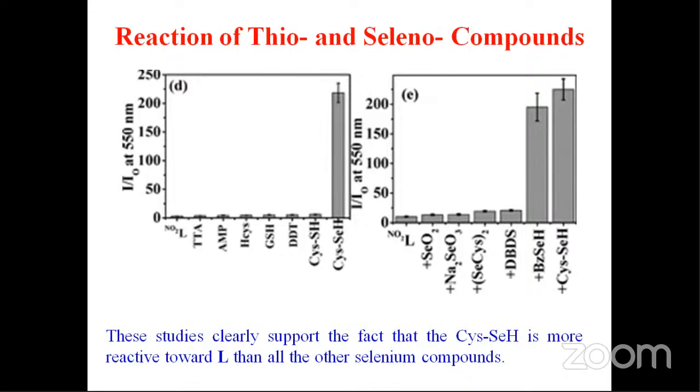You can see from the histogram that only in the case of selenocysteine is there a large change in the fluorescence intensity. Benzene selenol, being a free selenium compound, also shows fluorescence intensity. This study clearly supports the fact that selenocysteine is more reactive towards the synthesized molecule compared to all other selenium as well as thiol containing compounds.